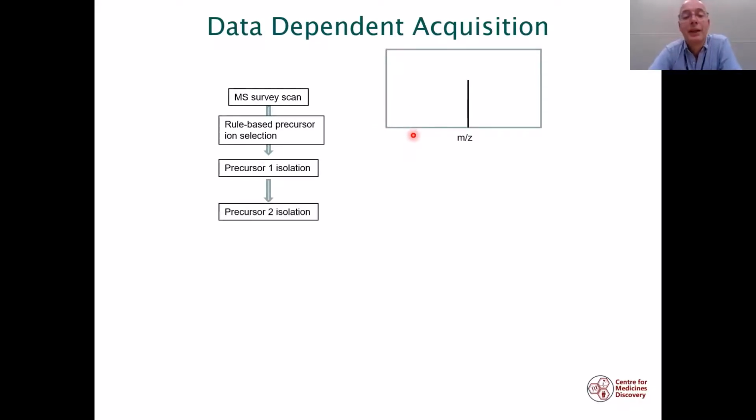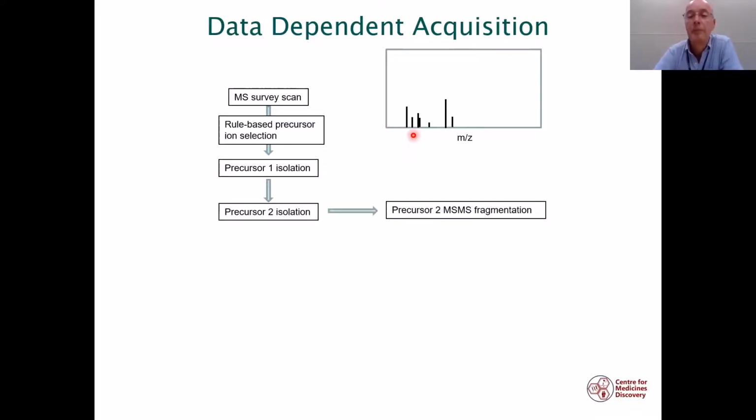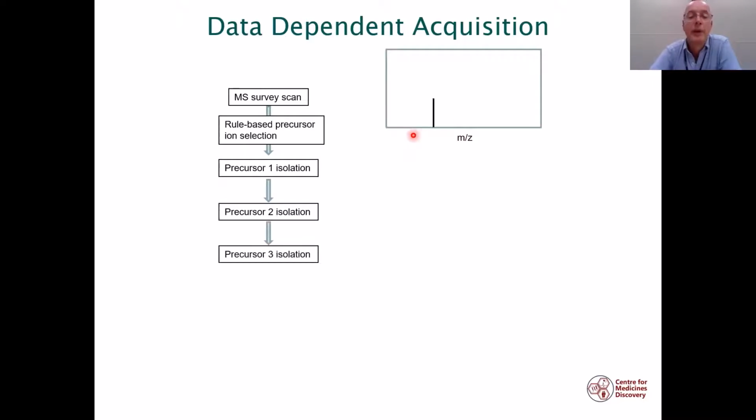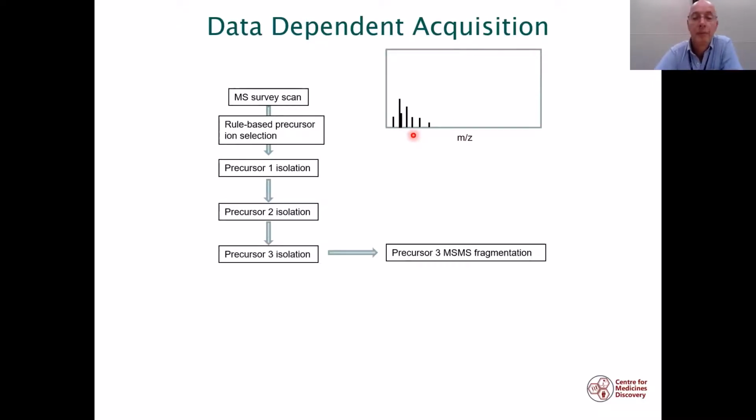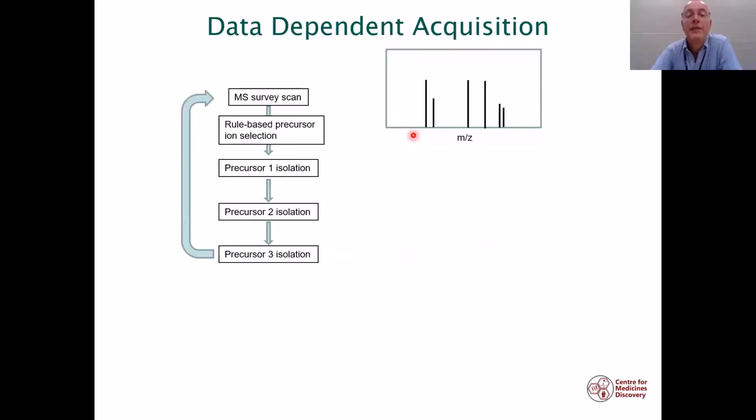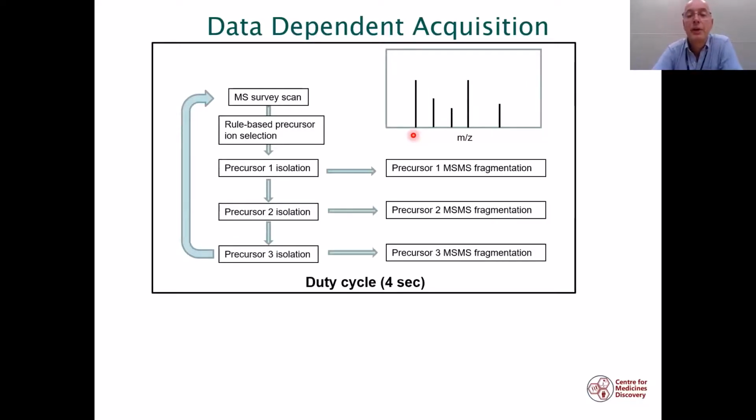We then isolate precursor 2, generate fragments from precursor 2, isolate precursor 3, generate fragments from precursor 3, and then the cycle is repeated again. We go back to the beginning and we do the next survey scan. This process is known as the duty cycle.